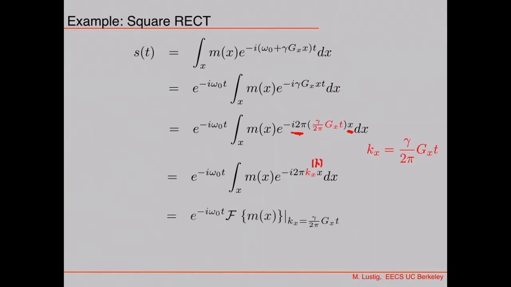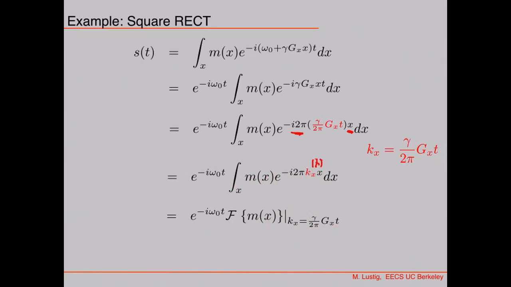Effectively, if I stare at this long enough, what you would realize is that the signal that I'm measuring is e to the minus i omega 0 t times the Fourier transform of m of x, because this is by definition the Fourier transform, evaluated at a specific spatial frequency, which is gamma over 2 pi gx times t.